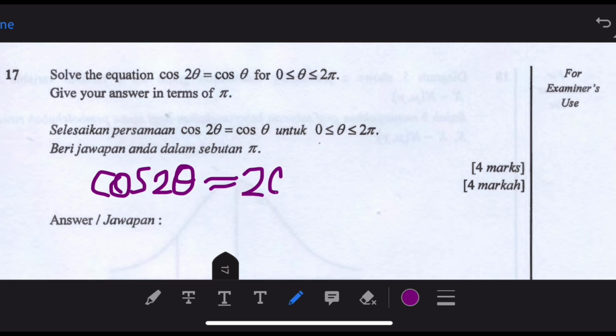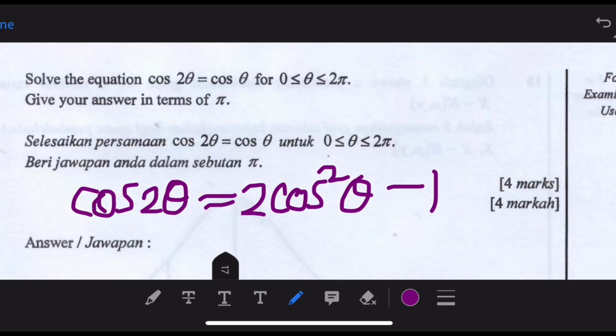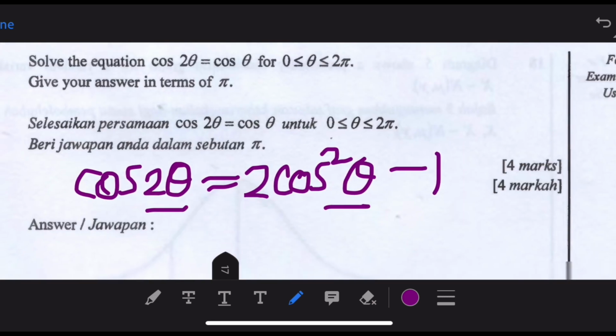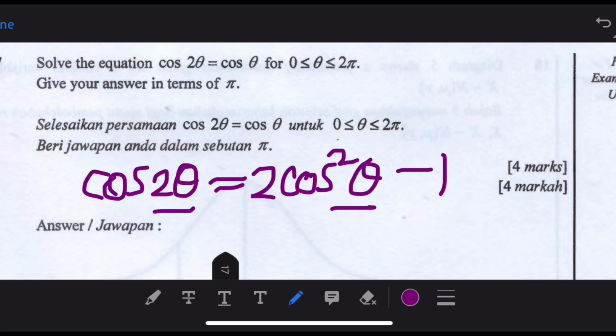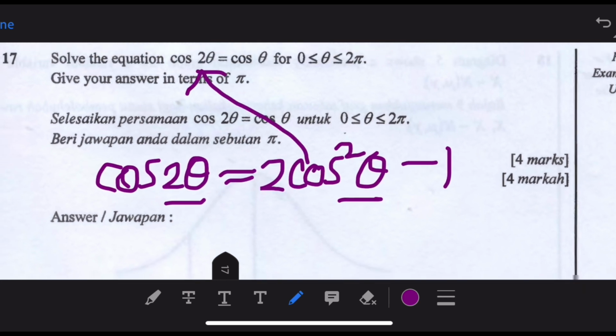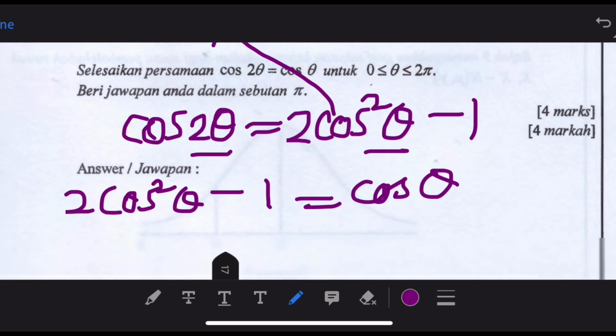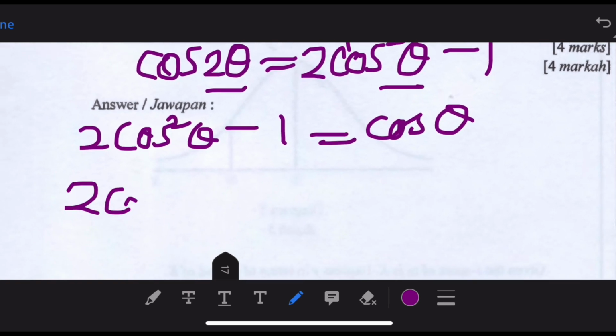So we will choose the one with the cos square theta because we need to make sure the equation has a common term or is in terms of cos theta. So we substitute into the equation, it becomes 2 cos square theta minus 1 equal to cos theta, and then we will rearrange in general form.